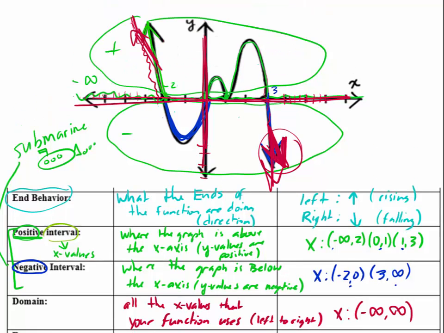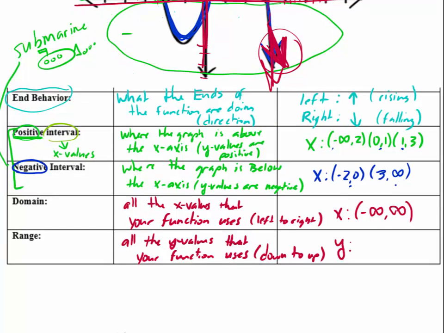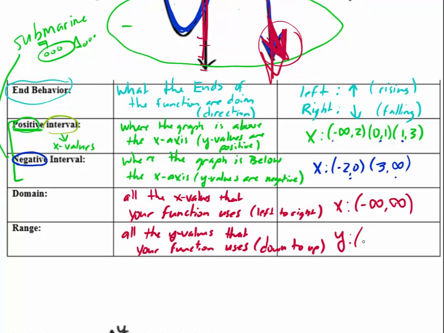I also have an arrow that's going up, so eventually I'm going to get to y values that are way up there. It never stops going up and it never stops going down. So I use all the y values from negative infinity all the way up to positive infinity.